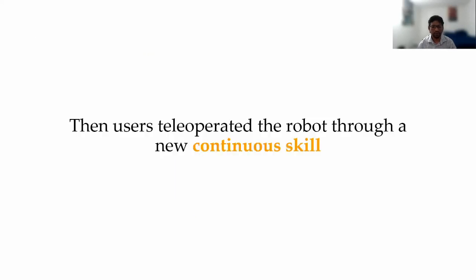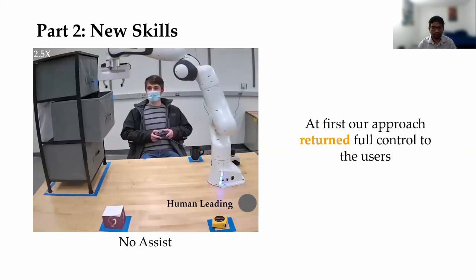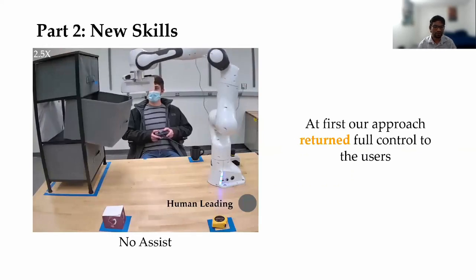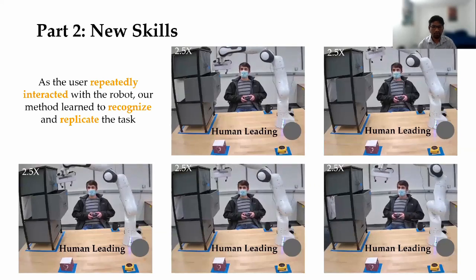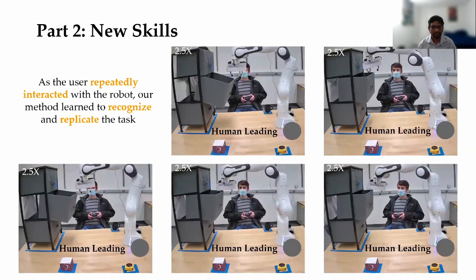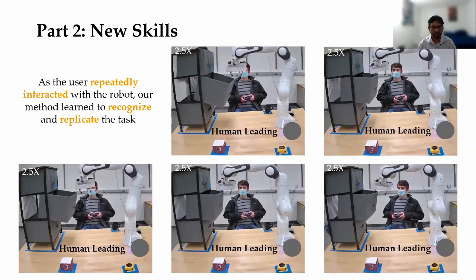Next, we return to our motivating example, where users teleoperated the robot to teach it how to open a drawer. In the beginning, the robot has low confidence in the task and returned full control to the users. But through repeated interactions, the robot learned to recognize and replicate the task. Here we see some example demonstrations given by a user in the user study.